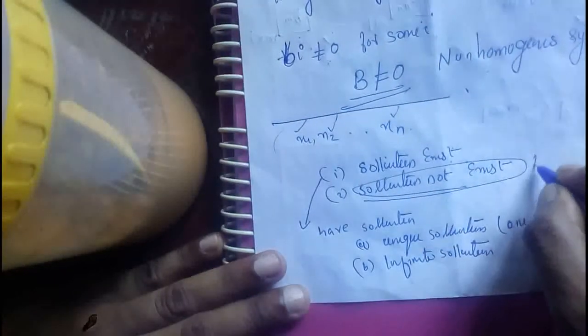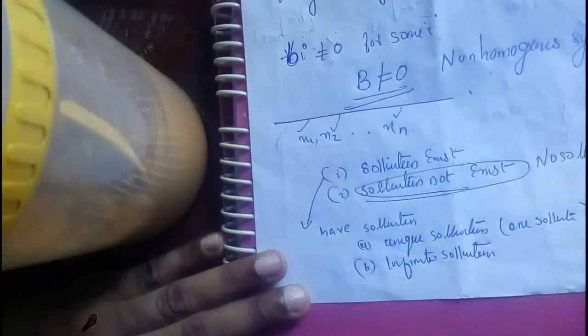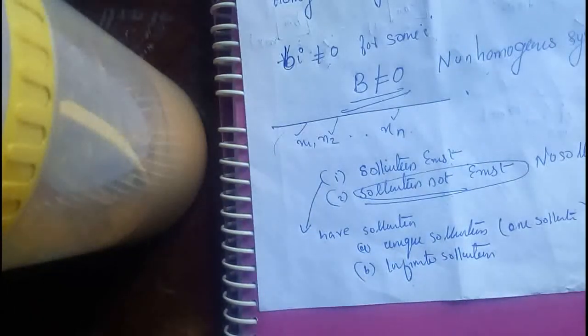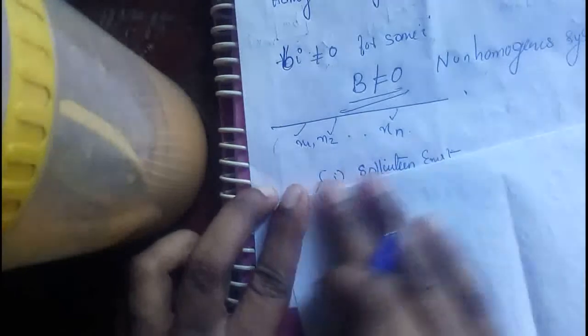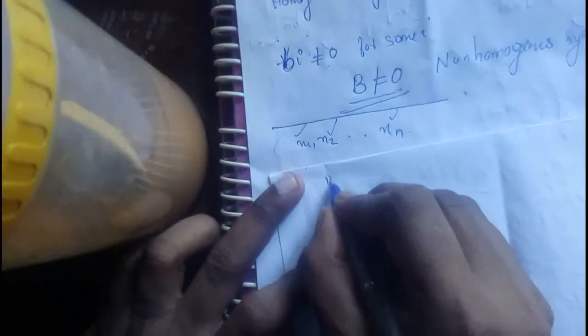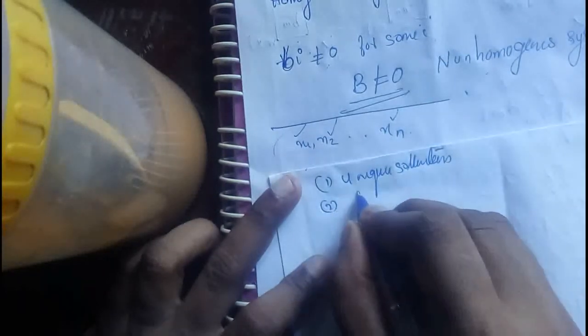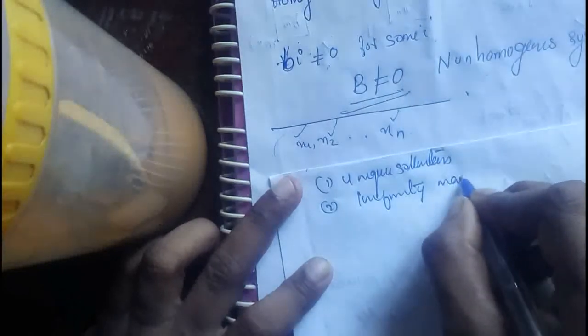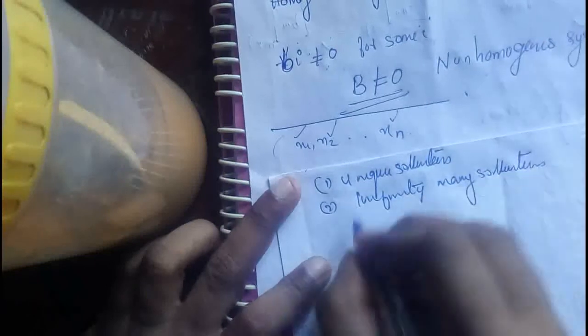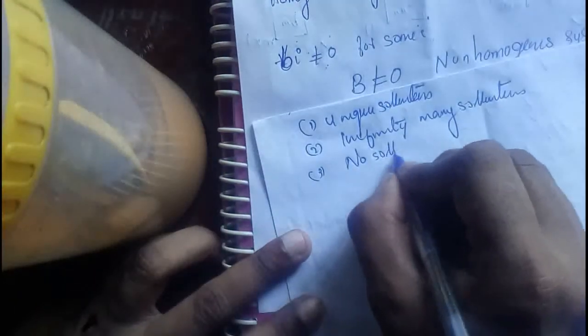Solution not exist means no solution. So with m equations and n unknowns, there are three possibilities: a unique solution, infinitely many solutions, or no solution. One of these three possibilities must occur.